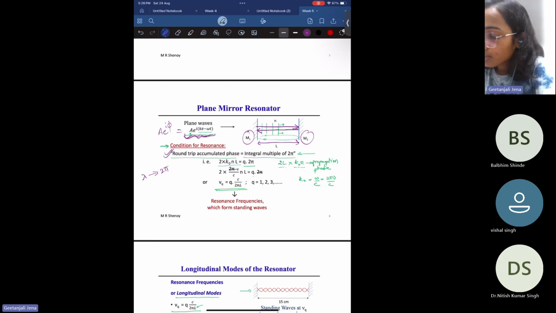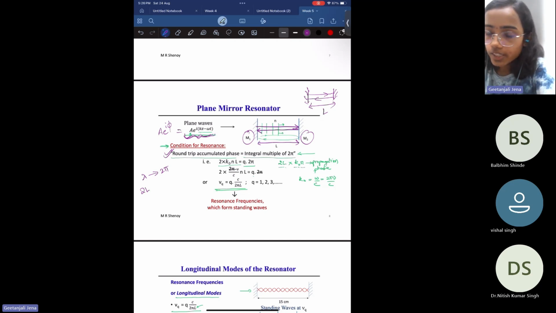Now, what is the total distance in a round trip? The distance between the two mirrors is L, and for the round trip, the distance covered is 2L, since it gets reflected back. So we need to find the phase accumulated using the 2L distance.